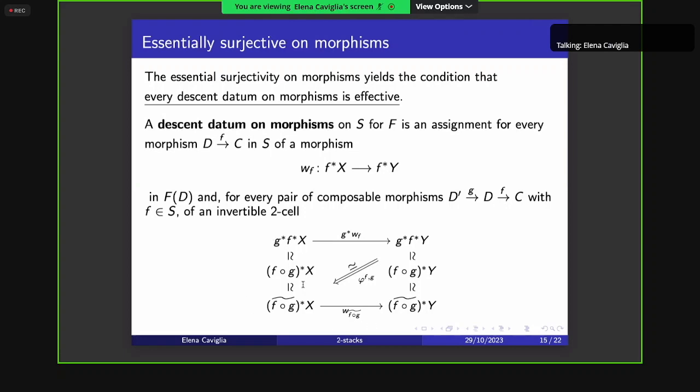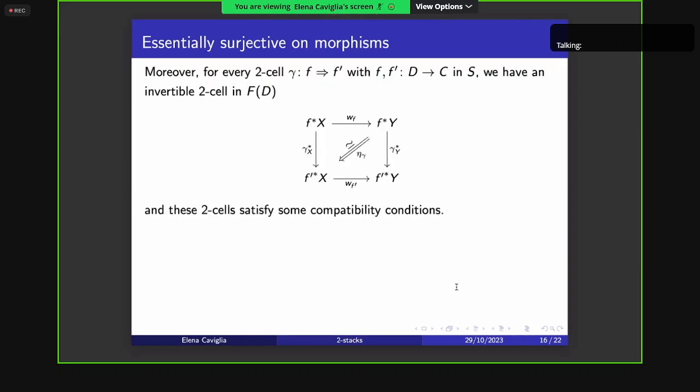And these equivalences that we have here as vertical morphisms are just given by the fact that F is a trihomomorphism. But now we not only have morphisms in the sieve, because we also have two cells in this two-dimensional version.